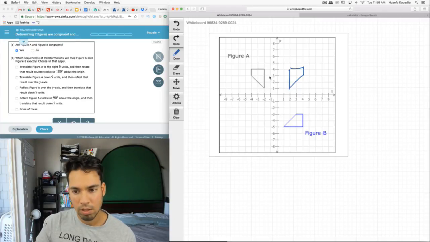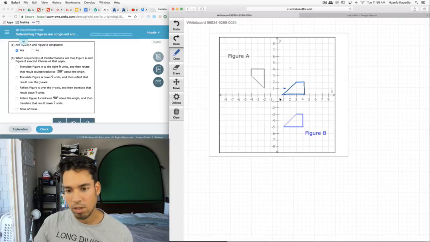So clockwise. So I think it would come down like this. So wait, it would rotate across. I think it'd be something like this, right? If we do it clockwise.